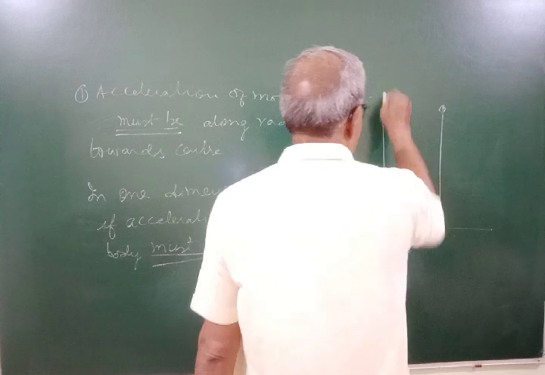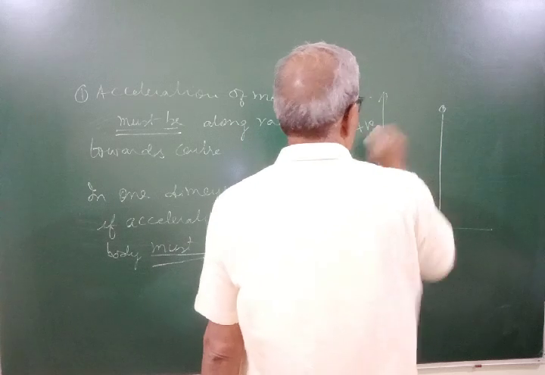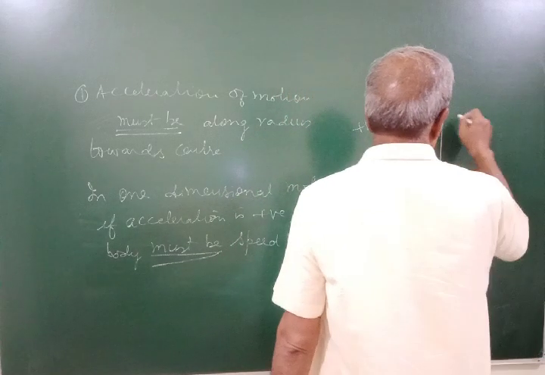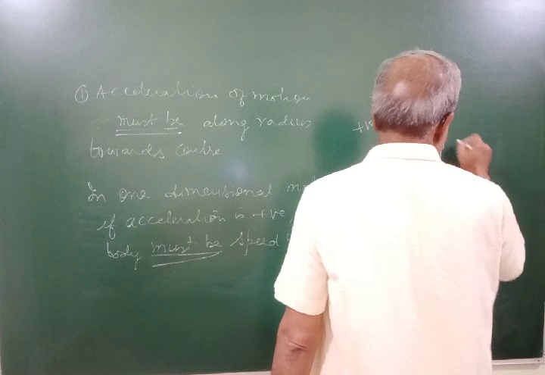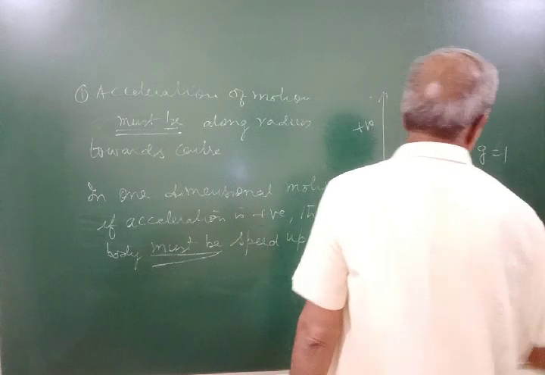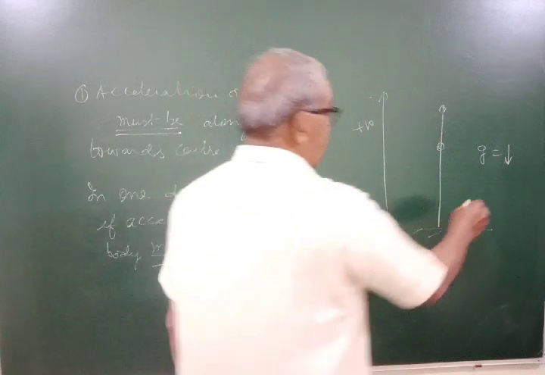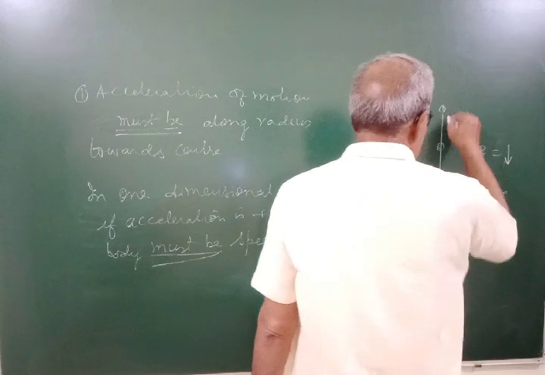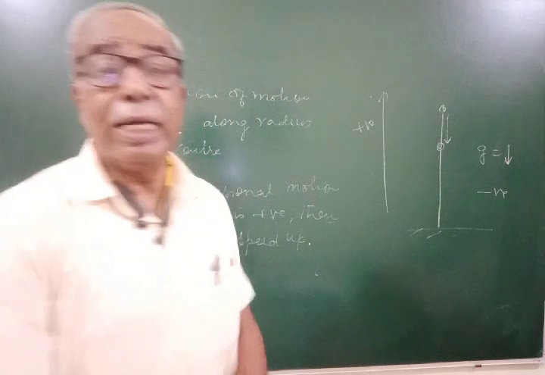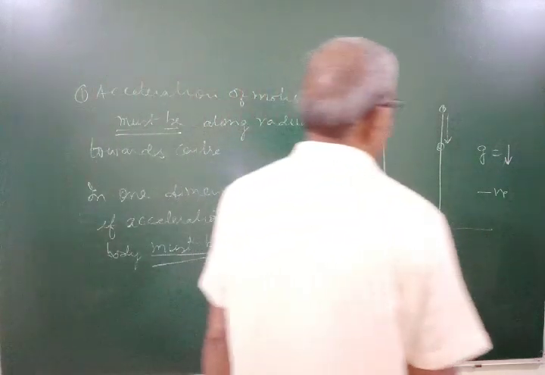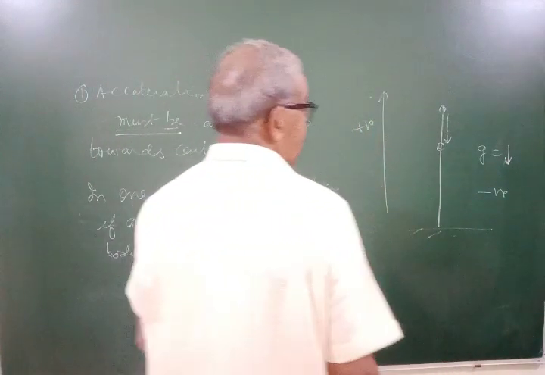We have taken upward direction positive, downward negative. So when the ball is coming down, acceleration is downward, g is downward and downward direction is negative, but velocity is increasing. Even in the negative direction.